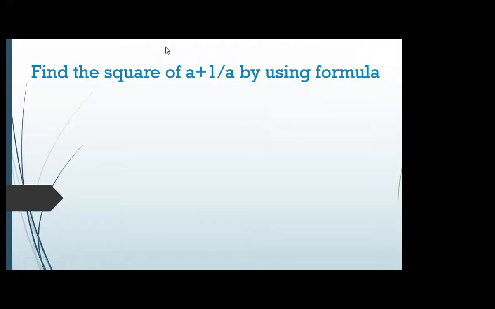Can you please tell me which formula you are going to apply? Yes, Aisha, absolutely right. We have to apply the first formula. We have to check the sign. Here the sign is plus, right? So we are going to apply the first formula, that is x plus y whole square is equal to x square plus 2xy plus y square, right?